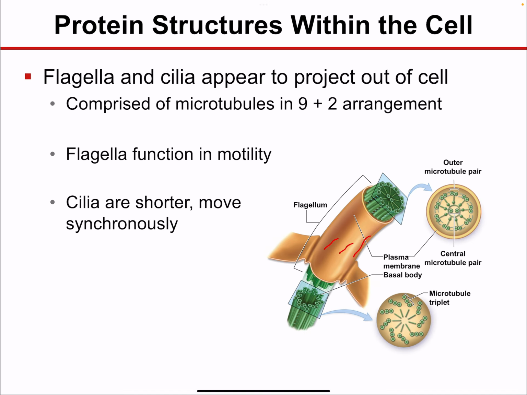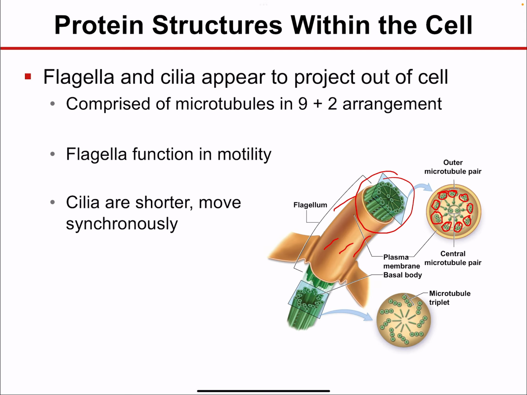How are they organized? The filament right here is organized in such a way that the microtubules are organized by two. We have 9 of them. So if we start here, we have 1, 2, 3, 4, 5, 6, 7, 8, 9 sets of 2 microtubules.